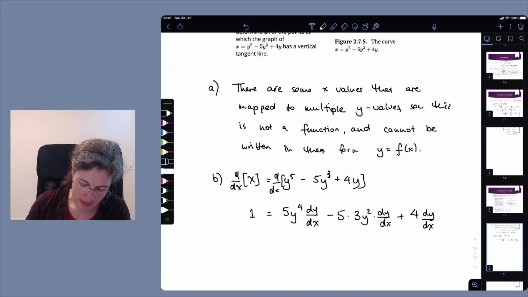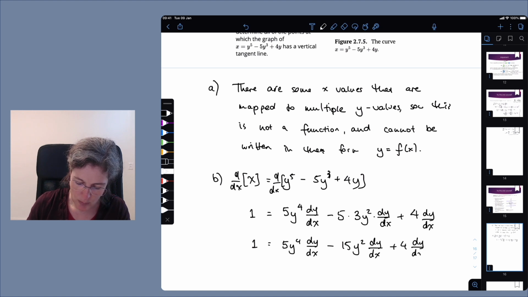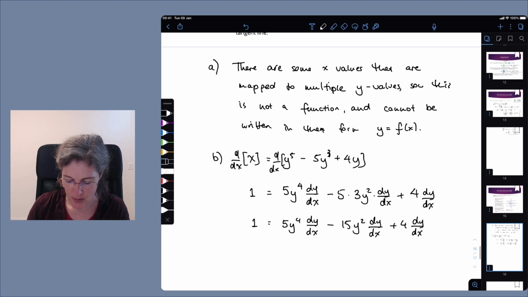All right, let's tidy this up a little bit. So we've got 5y to the 4 dy by dx minus 15y squared dy by dx plus 4 dy by dx. All right, and now we need to do our little bit of work so that we end up with dy by dx on one side and stuff involving x's and y's on the other side. So I'm taking out a common dy by dx and I'm mentally switching sides.